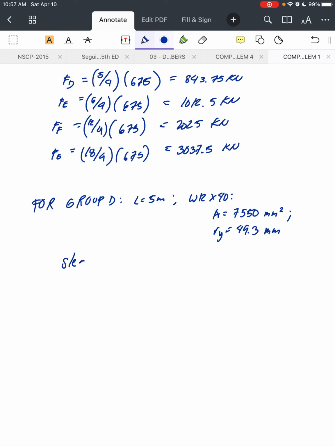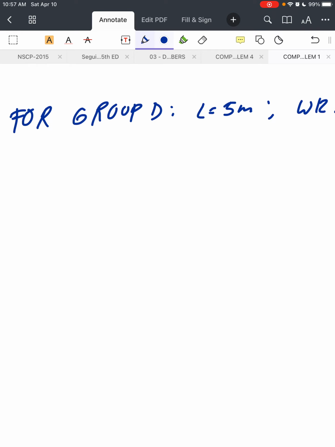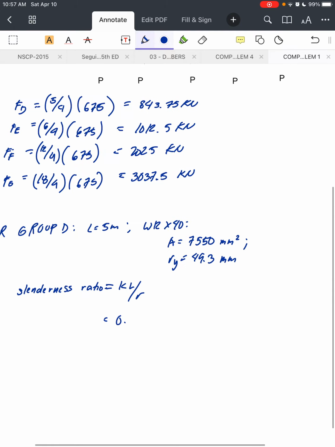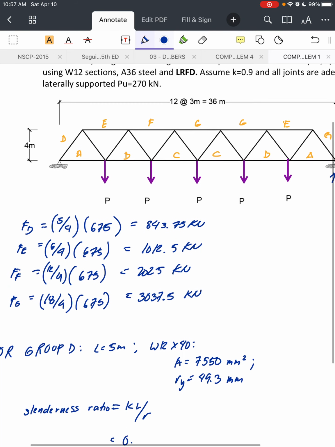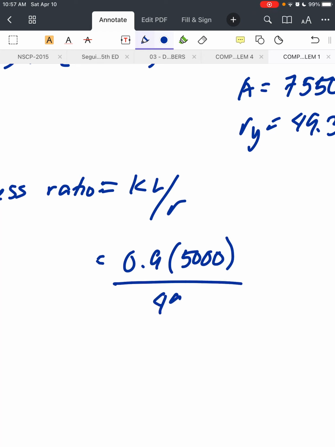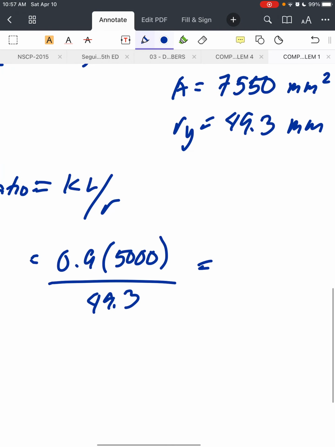The slenderness ratio is equal to KL over r. Remember, we are to assume that K is equal to 0.9. So 0.9 times 5,000 over 49.3.